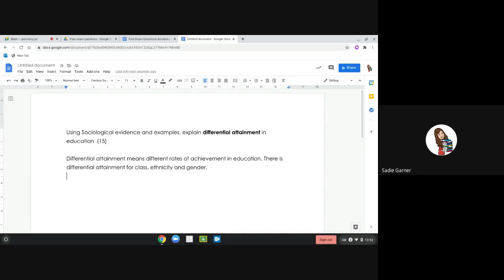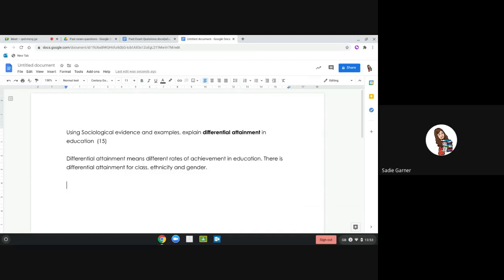This question would need you to do a paragraph on class and differential attainment, ethnicity and differential attainment, and gender. It is obviously a 15 marker that's asking for your knowledge of those three grids. However, I wouldn't mix, unless I absolutely had to, two grids in one paragraph. I would keep one as class, one as ethnicity, and one as gender. So that would be my introduction.